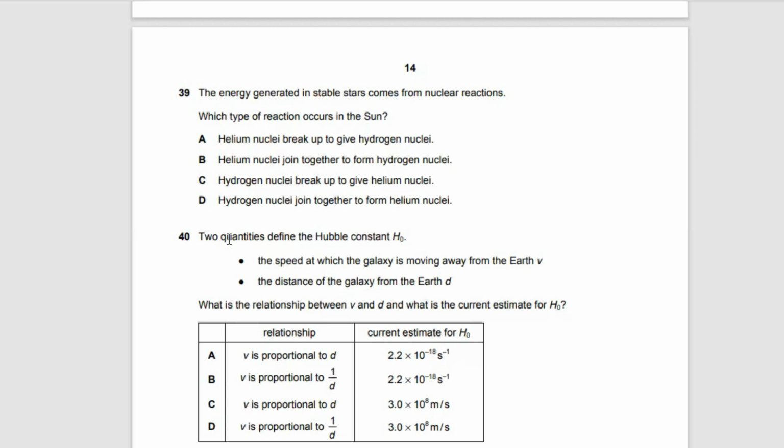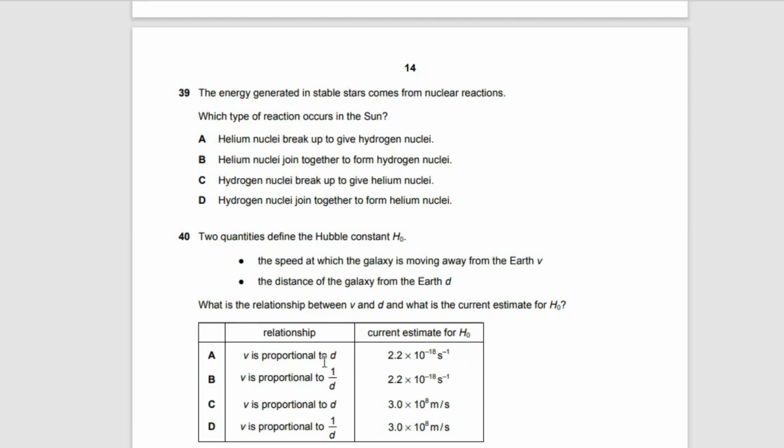Next is two quantities define the Hubble constant h. The speed at which the galaxy is moving away from the Earth v and the distance of galaxy from the Earth, which is d. What is the relationship between v and d, and what is the current estimate for h naught? Now h naught is the Hubble constant. So the speed at which it is going away from us is directly proportional to the distance.